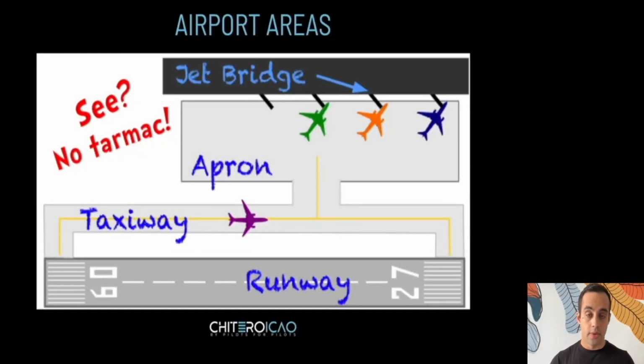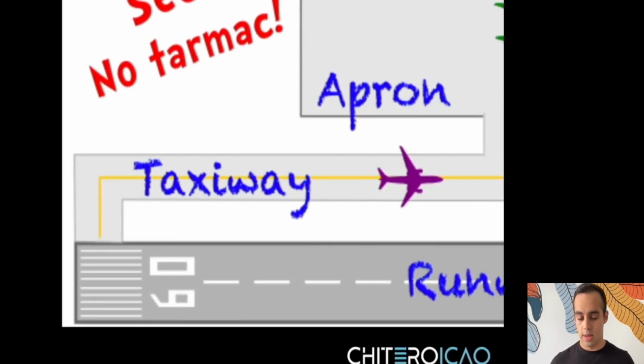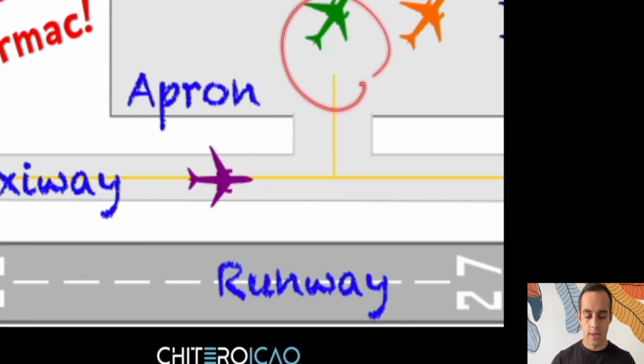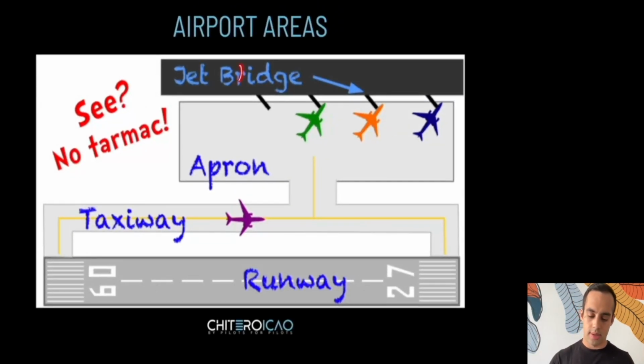Here, you can see the threshold, the runway designators, the center line, the runway. This is probably the holding point. Maybe it's here, the holding point. These are the taxiways. This is the apron. This is the terminal. These are the jet bridges. And this is basically an area for commercial aircraft, for airlines maybe, right?